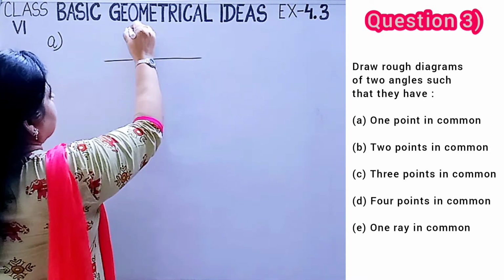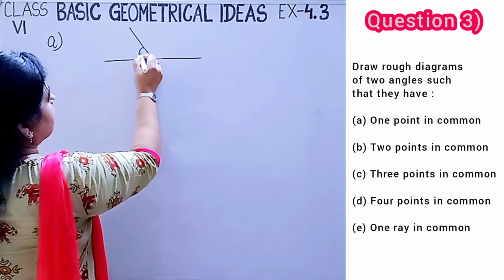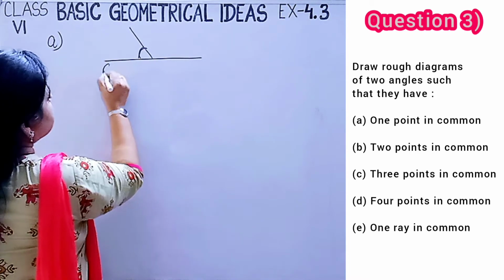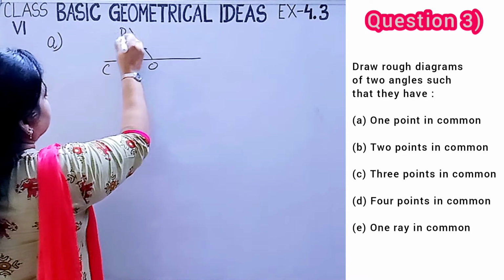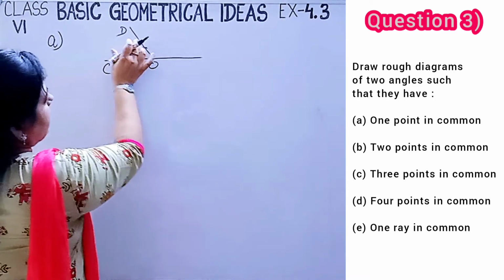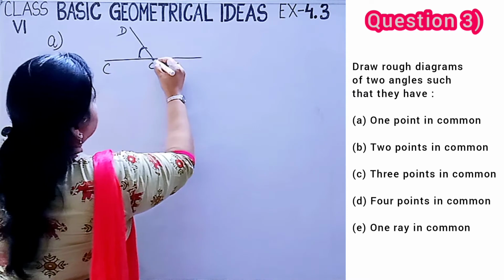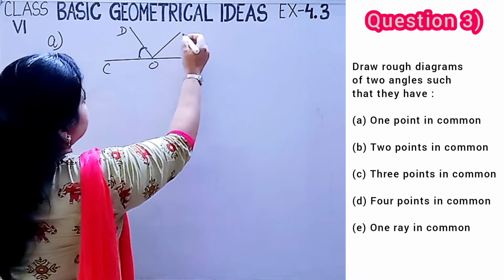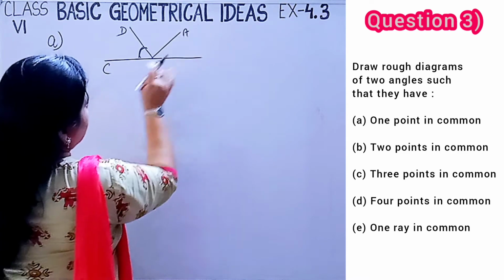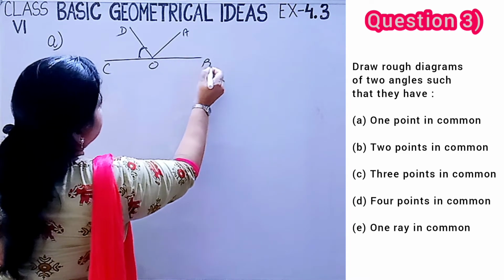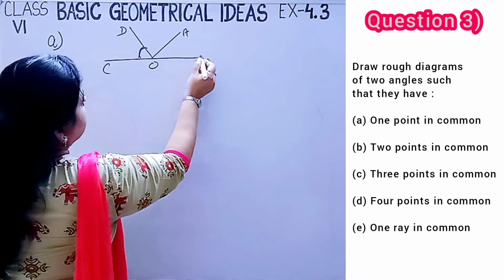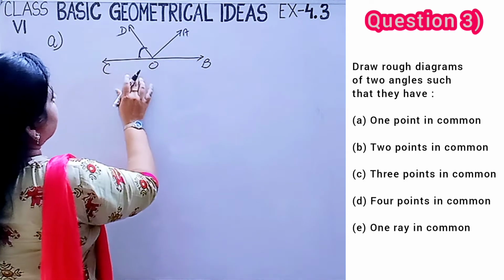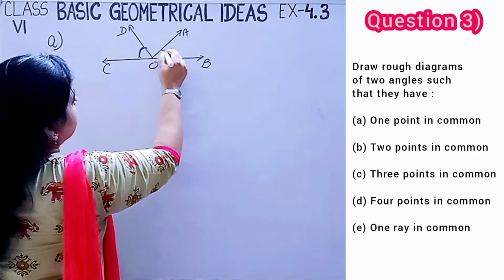So drawing one angle here, this is first one, and the name is, suppose I am giving name of COD. So this is first angle, and what about second? This one. So this is, I am giving second angle. So this is A, O and B. Now we have two angles.